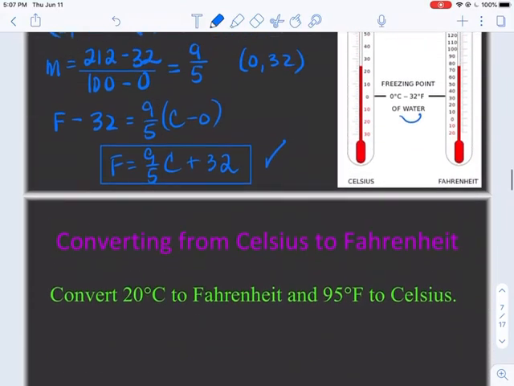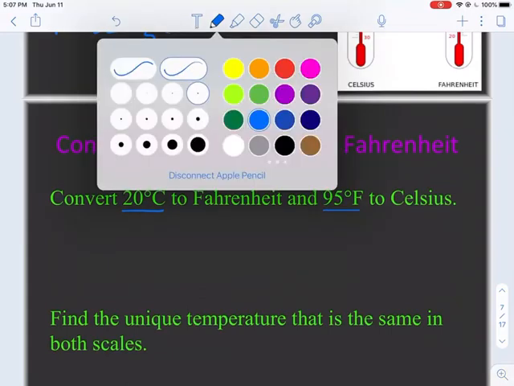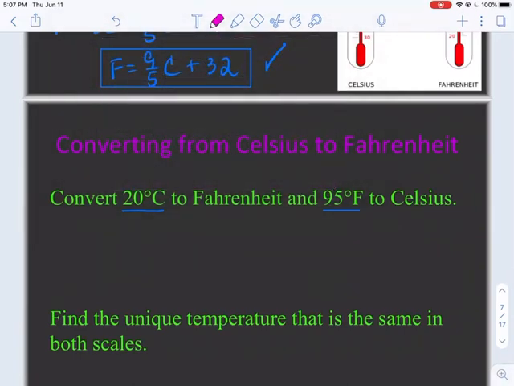So now if we want to convert from 20 degrees Celsius to Fahrenheit and 95 degrees Fahrenheit to Celsius, we're going to use the equation that you see above there. So 20 degrees Celsius, we're going to get the Fahrenheit. So F is equal to 9/5 times 20, plus 32.